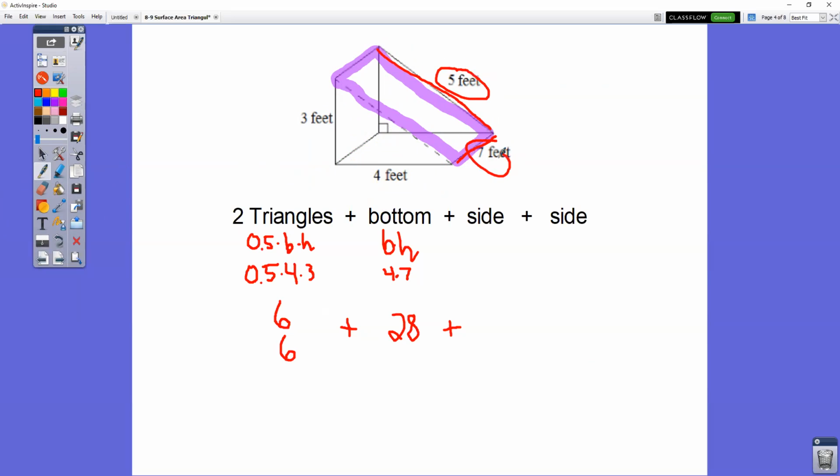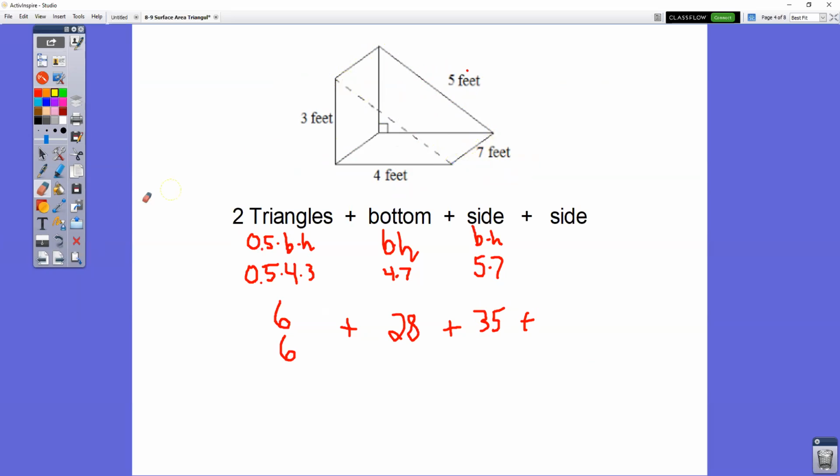So I have 5 and I have 7. Base times height or length times width. So I have 5 times 7. 5 times 7 is 35. Plus the other side. Now, this other side is sort of in the background, because it's on the side. What I'm looking at here is this one.